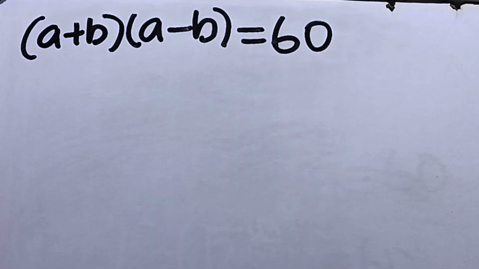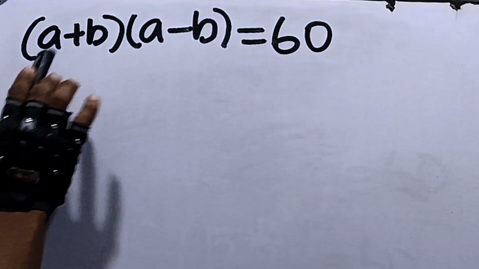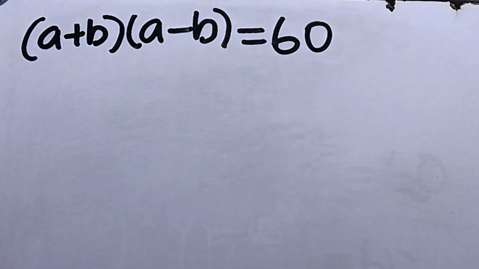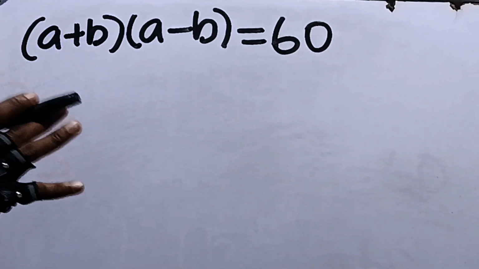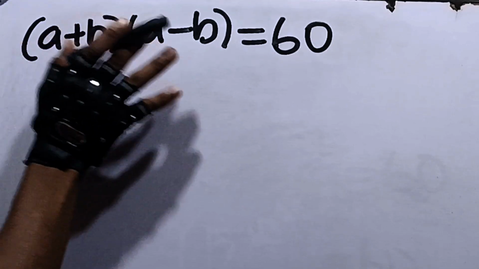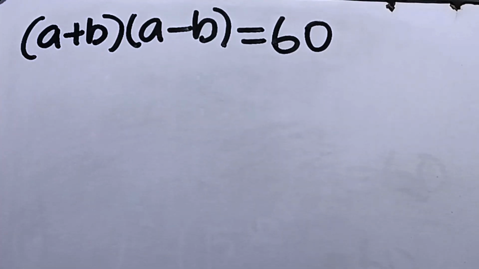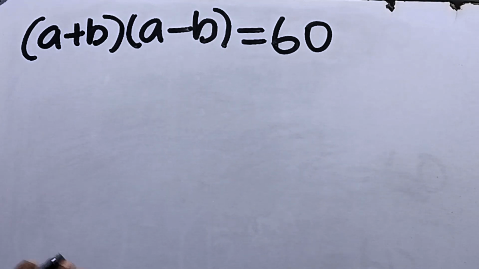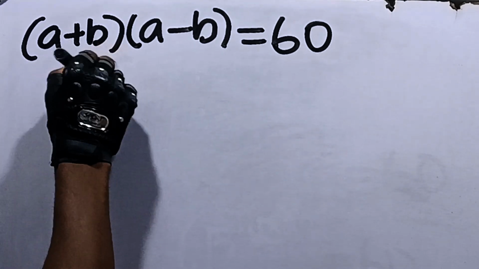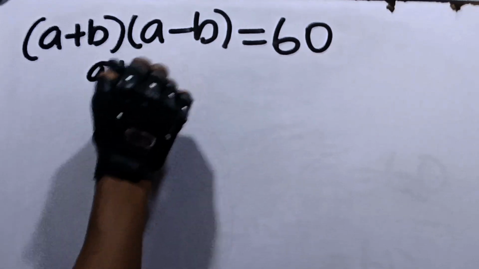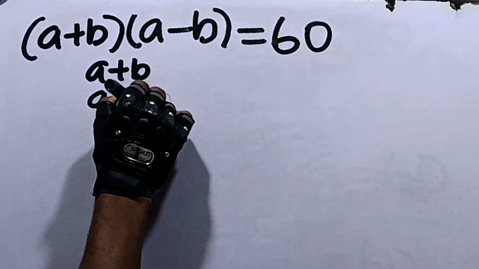Moving on from here, you realize that a plus b should be greater than a minus b, given that these are positive whole numbers. If that's established, let's solve. The first one is 30 and 2. So a plus b is 30 and a minus b is 2.